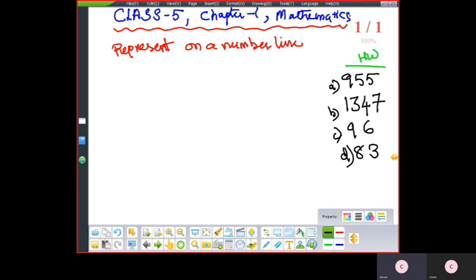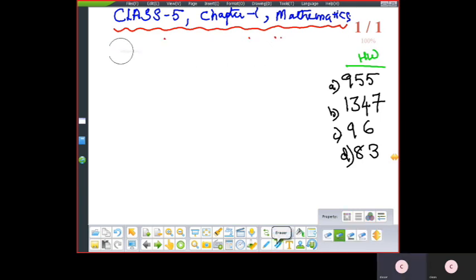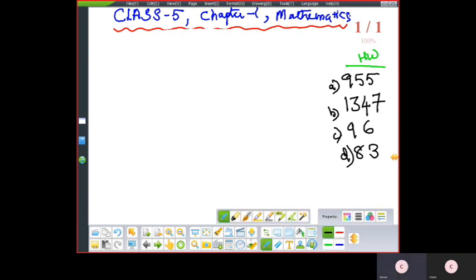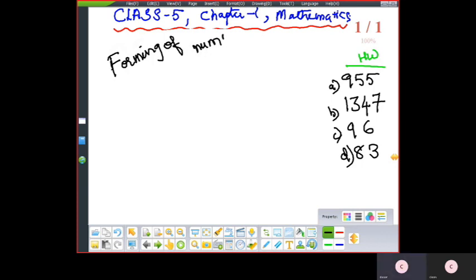The next one is the sorting of the numbers. So what is our next topic? Forming of the numbers. Forming of the numbers. So in your previous class, from your third class, second class onwards you are learning, okay, some numbers will be given.